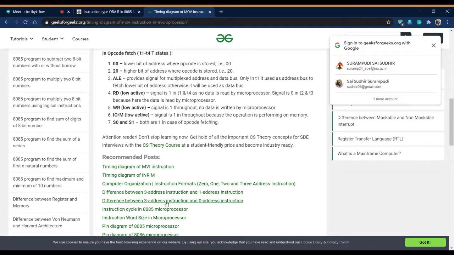The answer would be recorded in register A, which is basically your accumulator. Ishan, have you been able to complete? No, sir, not yet.